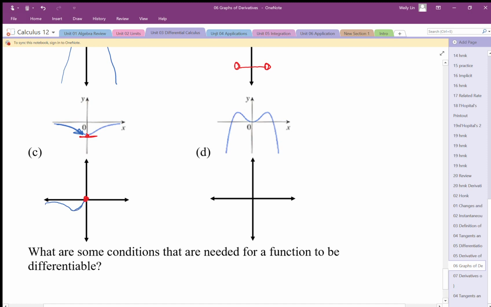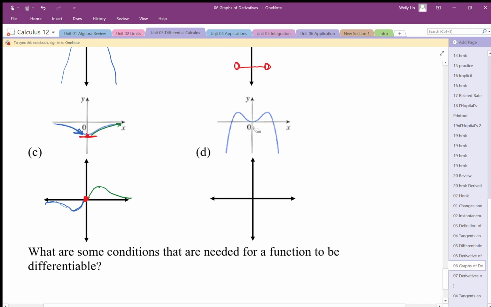So it's 0, gets a little bit more negative, and then comes back up. Here I have positive slope, so it goes from 0 slope to more positive and then back to 0 slope. So my slope function should look something like that.